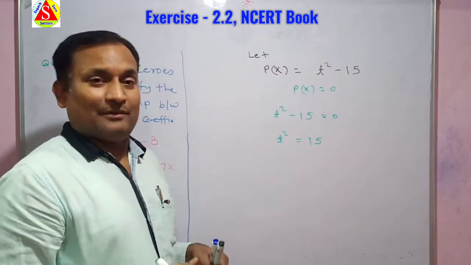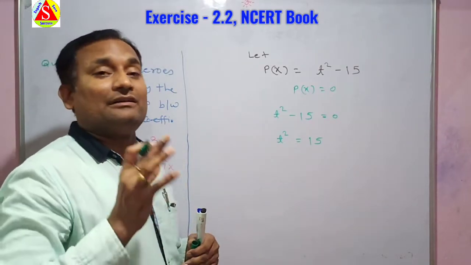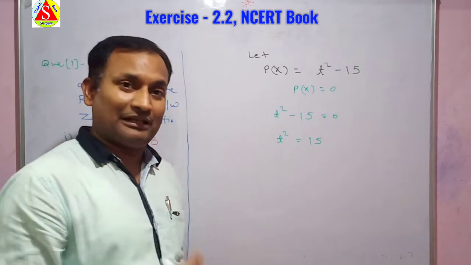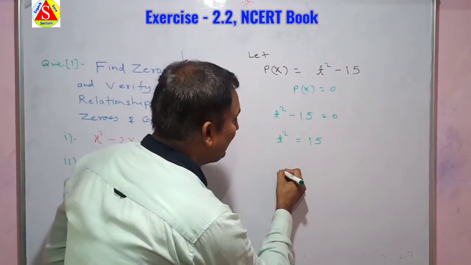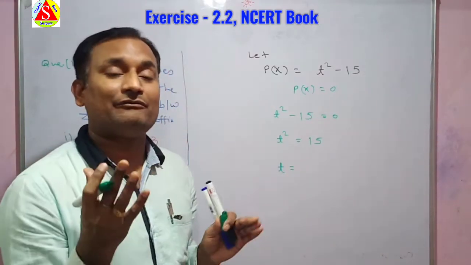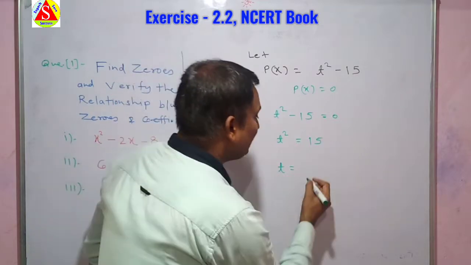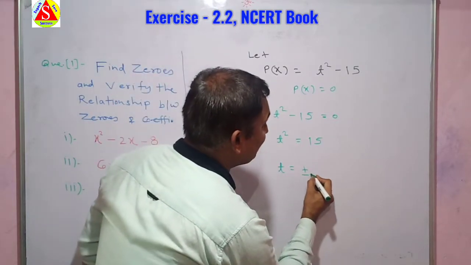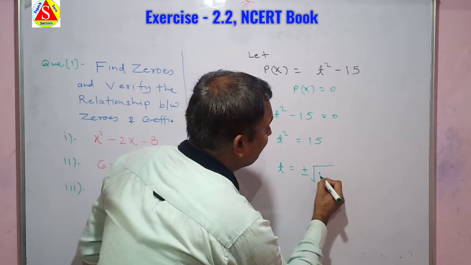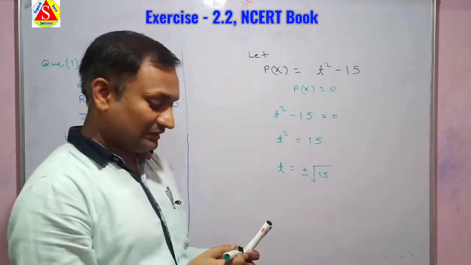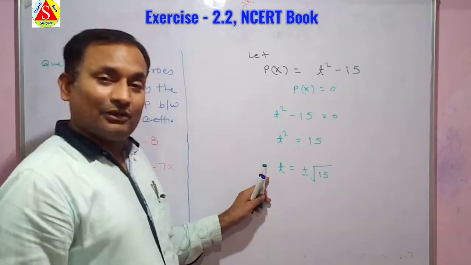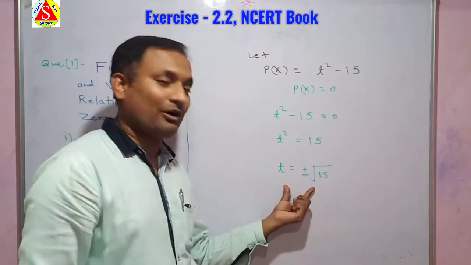After this, because we need to determine the variable value, taking the square root, we can write t is equal to plus minus under root 15. Dear students, just look at how we obtain this.